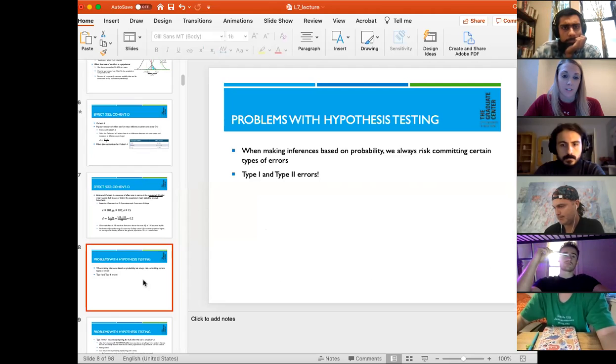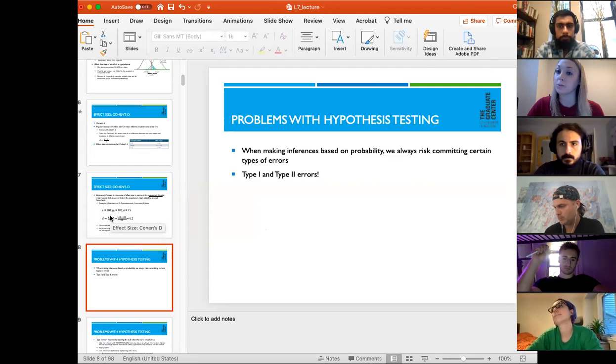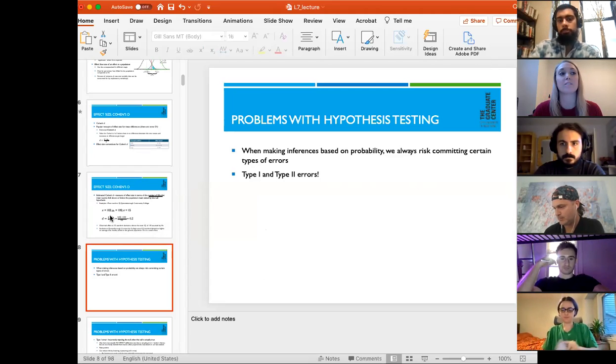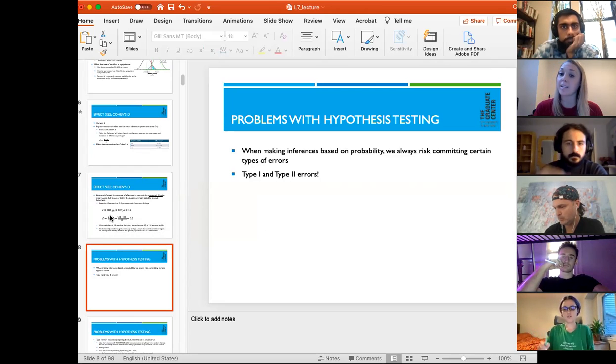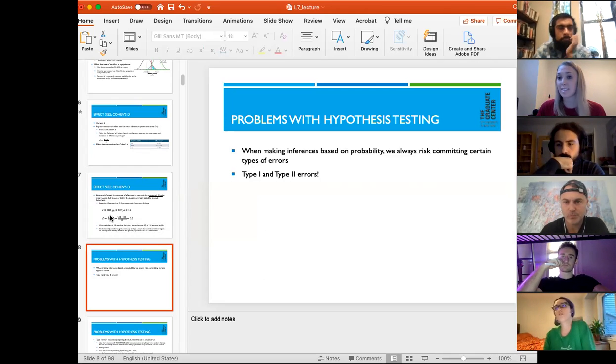So as I mentioned, in the example I just did, we're saying there's no effect because we're concluding there's no effect, right? We don't actually know, and this is one of the number one flaws with hypothesis testing, but it's unresolvable because this is the reason we do hypothesis testing, because we're making inferences. So we don't actually know if there is an effect or not, and that's why we're doing the statistics to begin with.